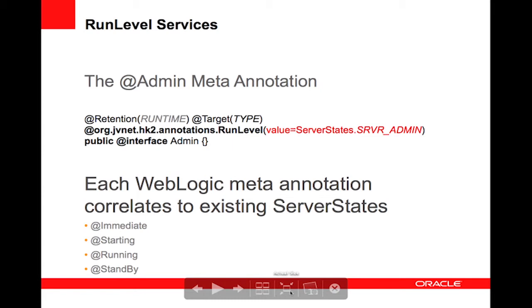First, the run-level services. As I said, we needed a facility to mainstream the startup services and startup sequence of an application server. Basically, this comes down to a number of actions that need to be applied in the right order, and by defining startup services, we've been able to define those actions.